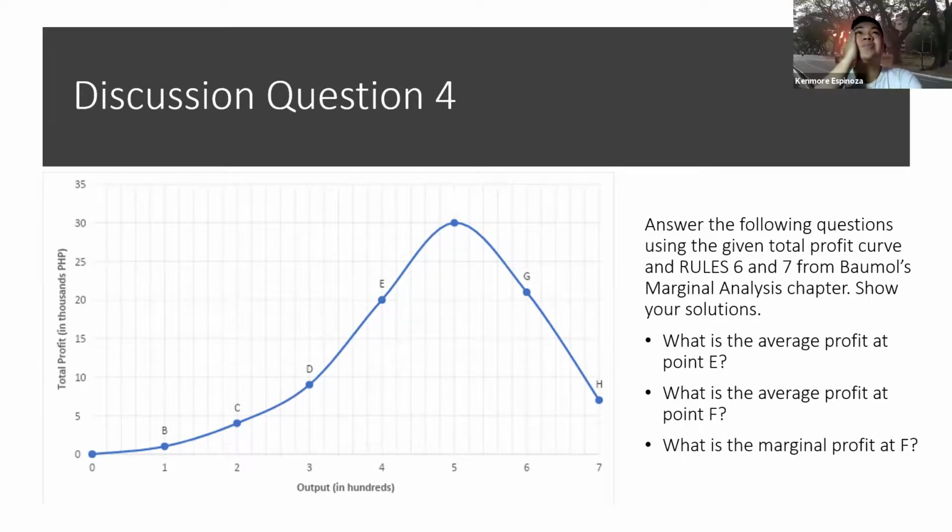Wait, let me think whether this graph is right. Total profit. Average profit, who said that the average profit at point E is 5?